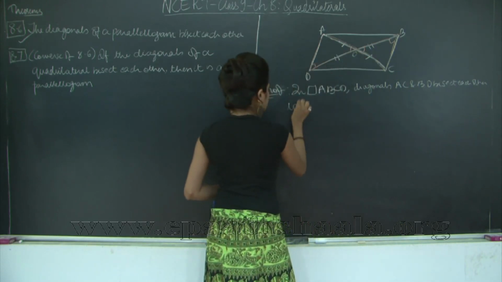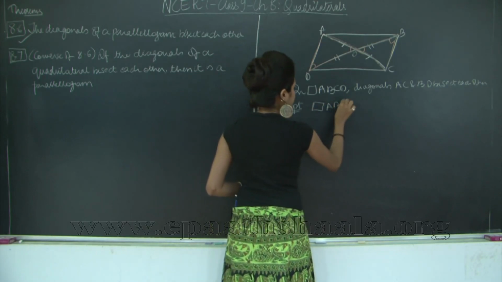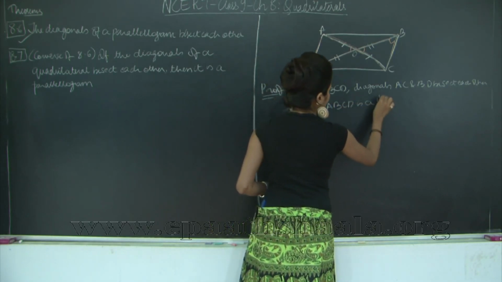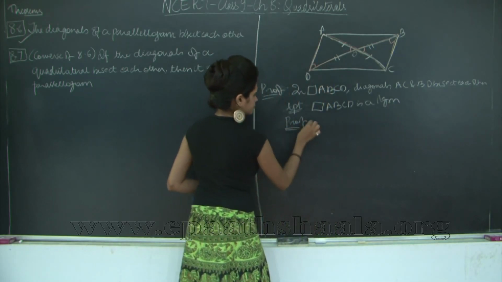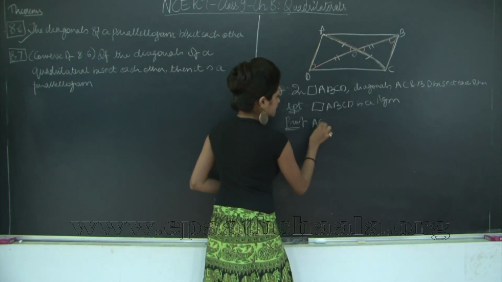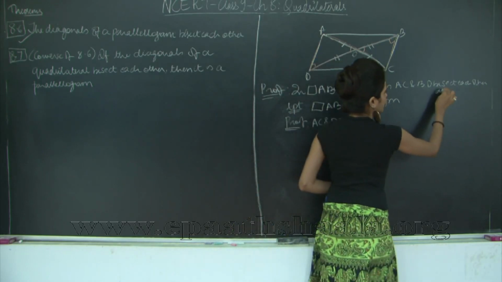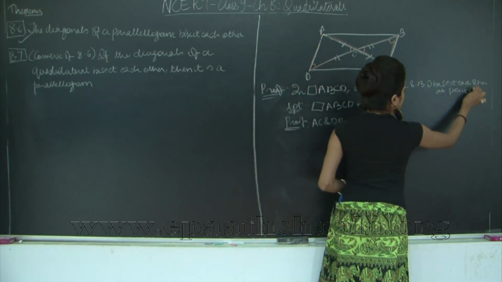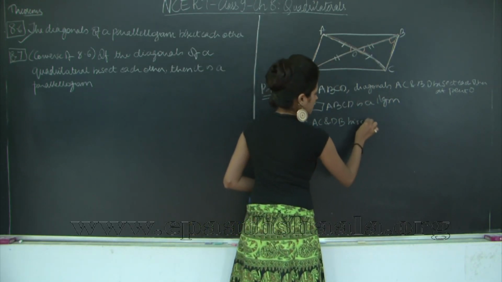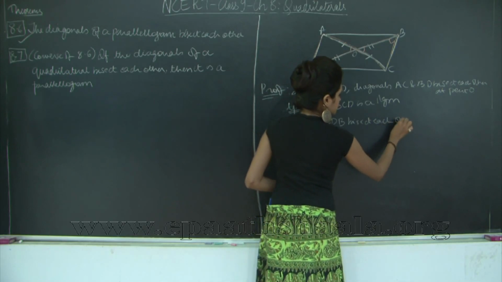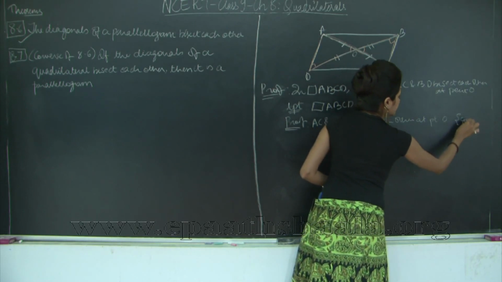To prove that quadrilateral ABCD is a parallelogram, I will say proof: AC and BD bisect each other at point O. So, AC and DB bisect each other at point O. This is given.